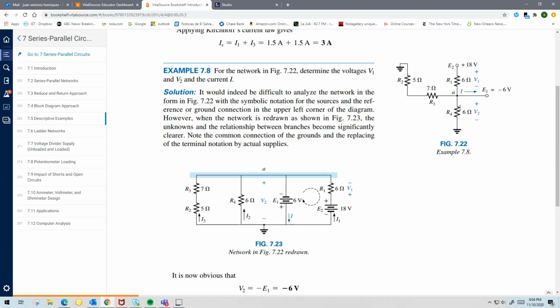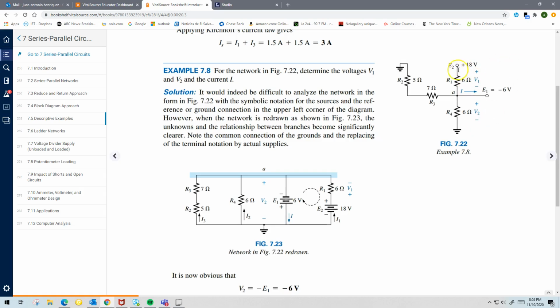So we're given this problem here in figure 7.22. I want to know what's the voltage V1, and V2, and the current I. Well, first of all, make sure you recognize what they mean by those voltages, that you are sure of what they're looking for.